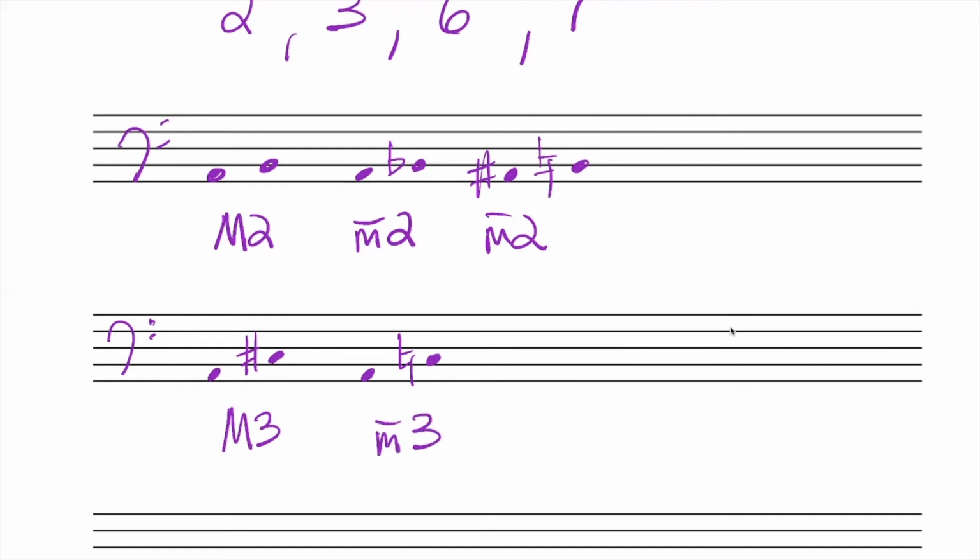But let's try it the other way, where we keep the top note C sharp. What would we need to do to the A in order to make it a half step smaller? Again, if you raise the bottom note by a half step, you will also make the interval a half step smaller and get another minor third, A sharp to C sharp.